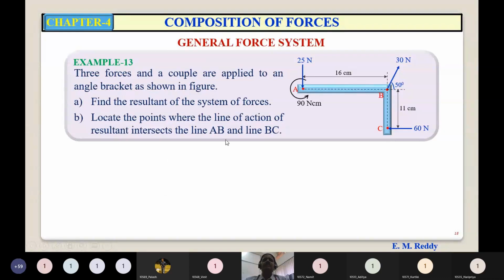That means you simply have to find the values of X and Y with respect to point B, the horizontal distance and vertical distance.